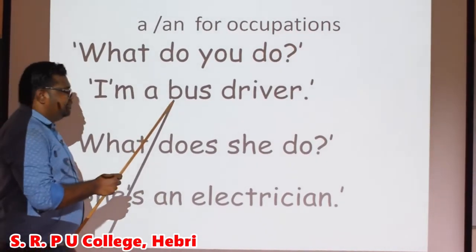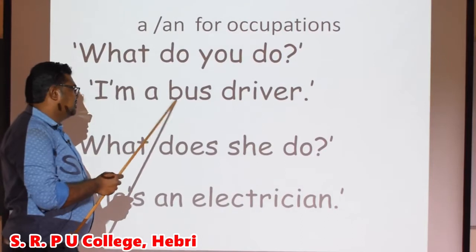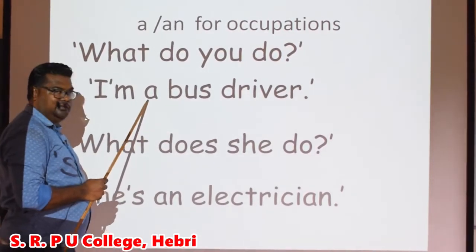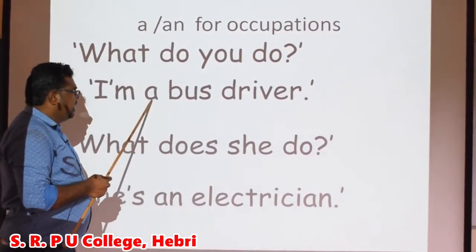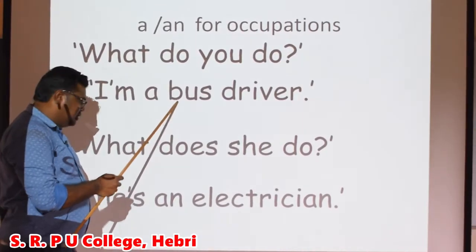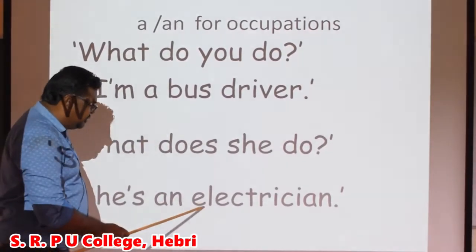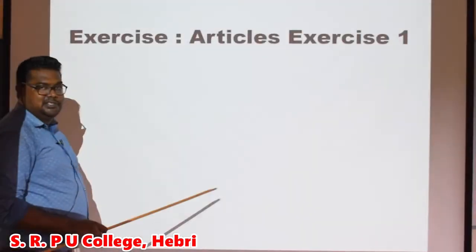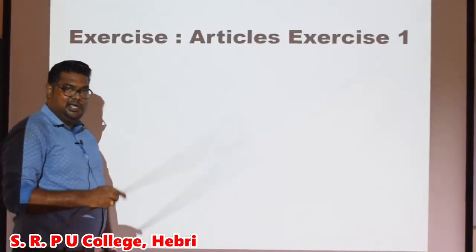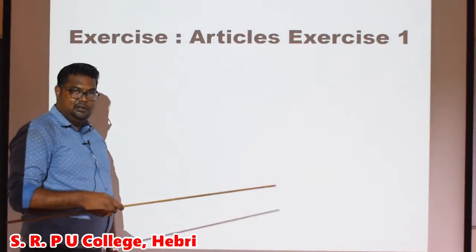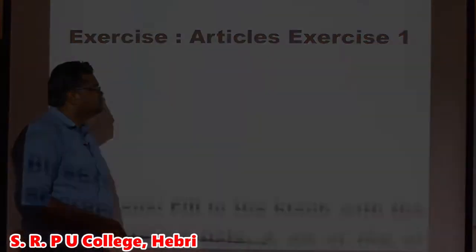And here bus becomes a consonant. So indefinite article a. We use a before words starting with a consonant, and we use an with words starting with a vowel.